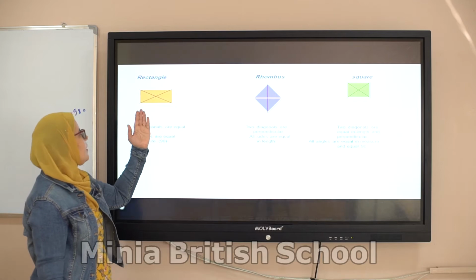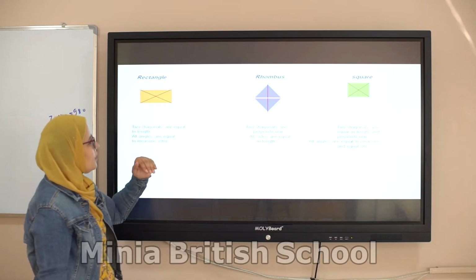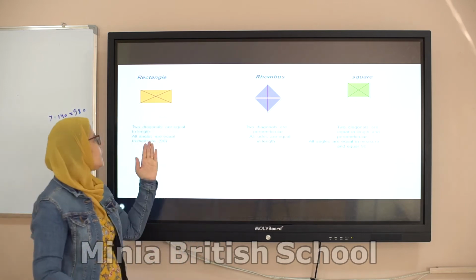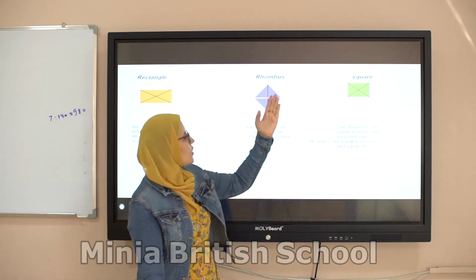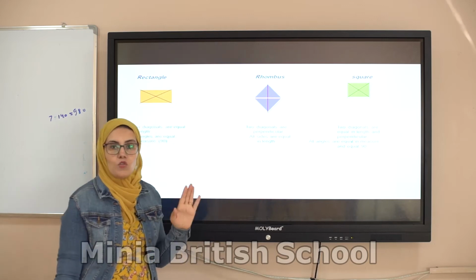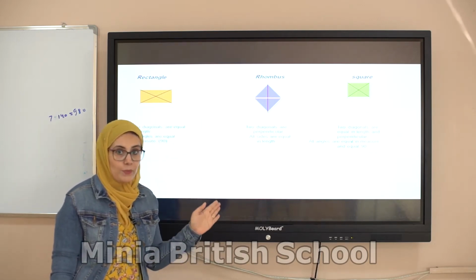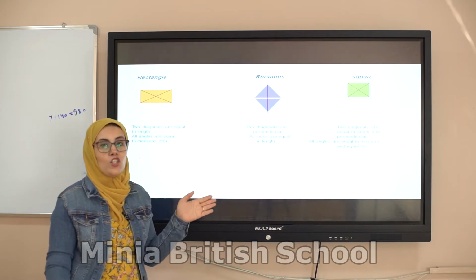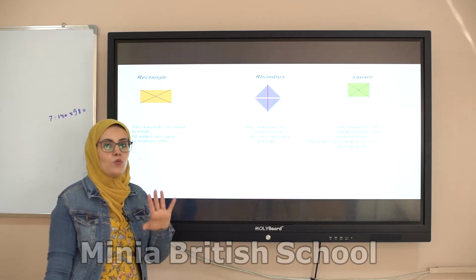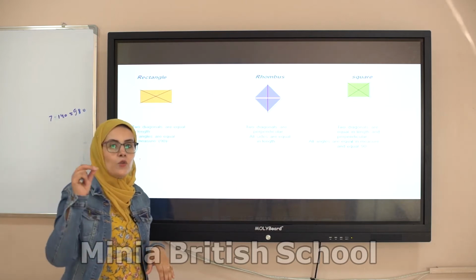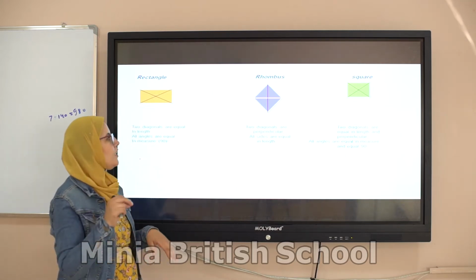First we will study the rectangle, and then the rhombus and square. Here we have 4 sides, 4 sides, 4 sides, so all of them are quadrilateral shapes, because they consist of 4 sides. But now we will study the property of each shape.